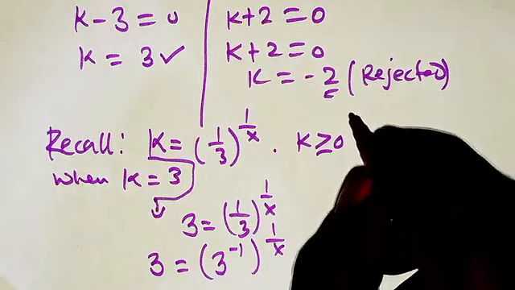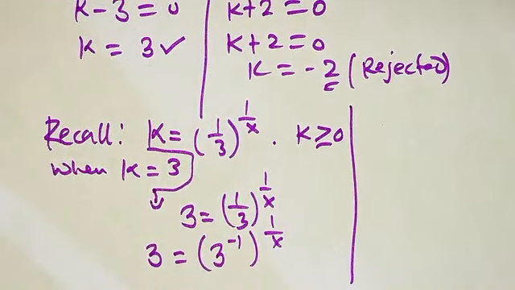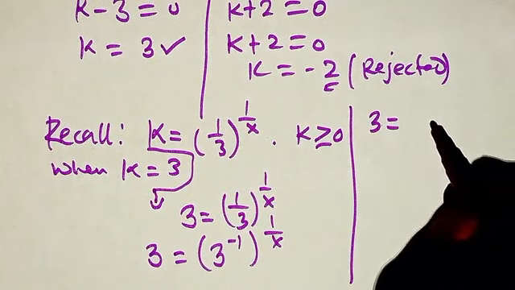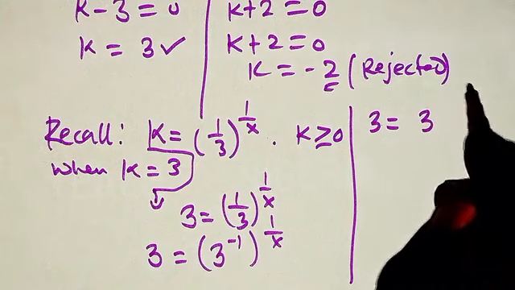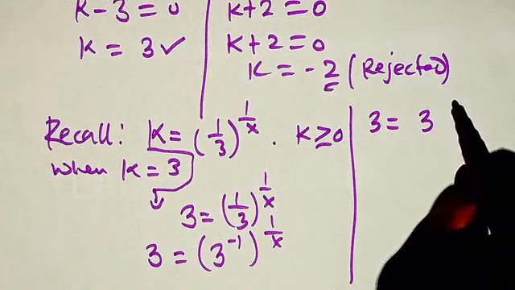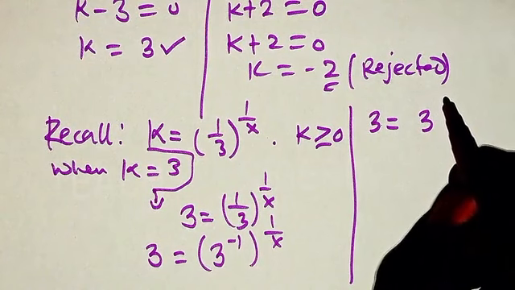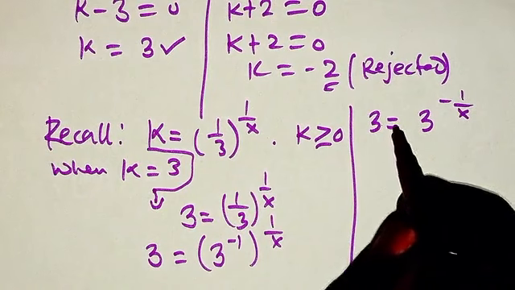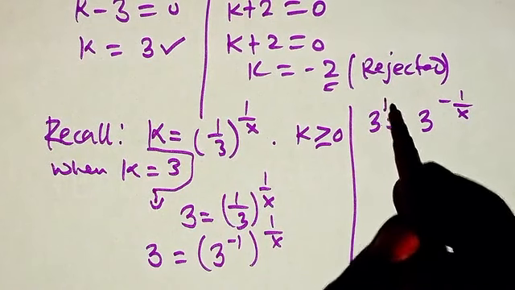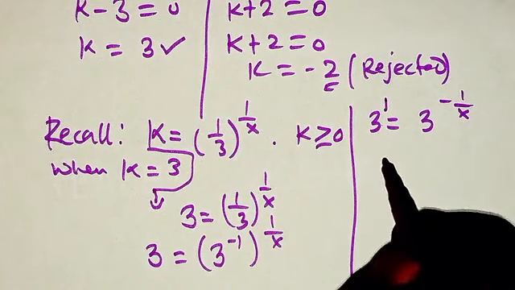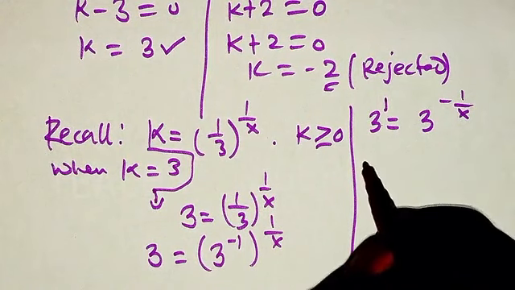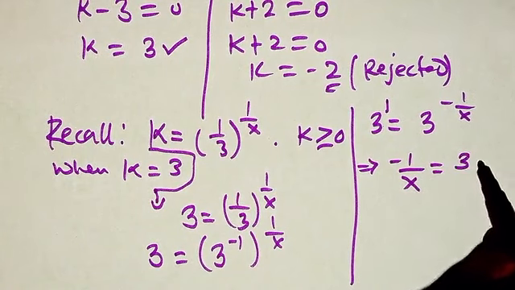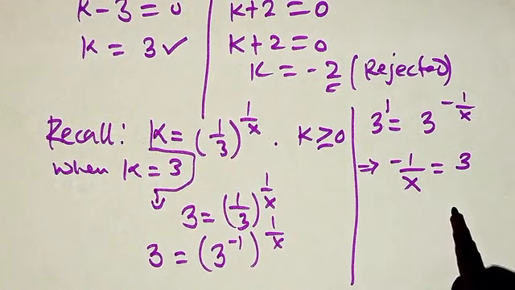So we have 3 equals 3, and this negative sign will multiply the outer power, so we have 3 to the power minus 1 over x. Since the bases are the same, we equate the exponents. It implies that minus 1 over x equals 1, because originally 3 is to the power 1.